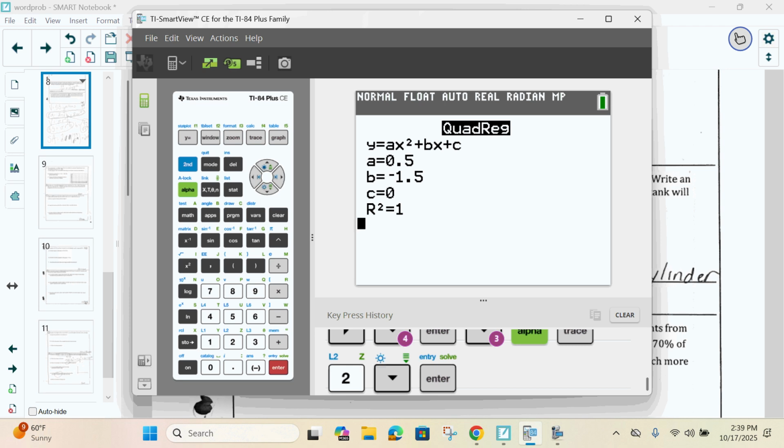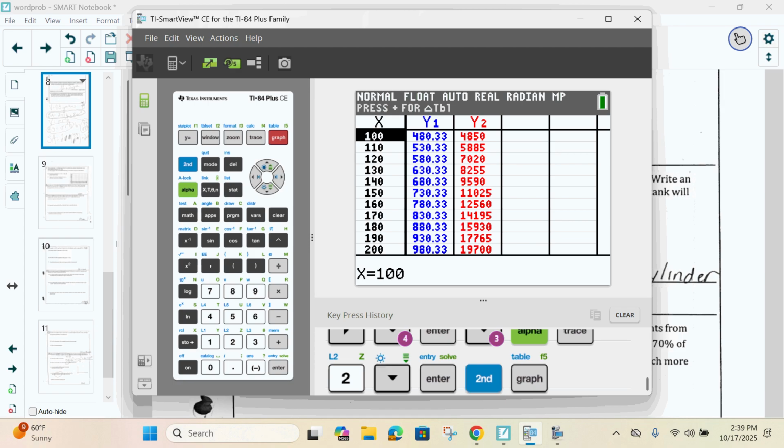So now look, if I go second graph and go to table, look how many diagonals there are: 4,850. Right? And that's correct. So that is way off for linear.